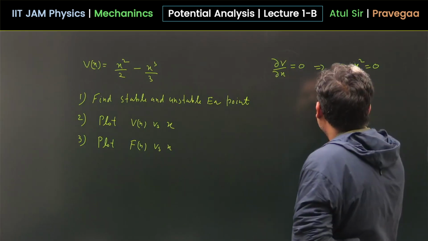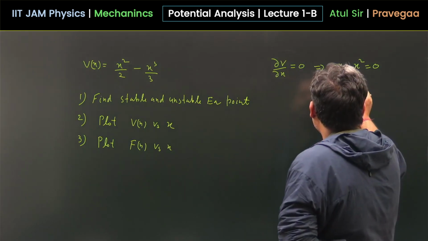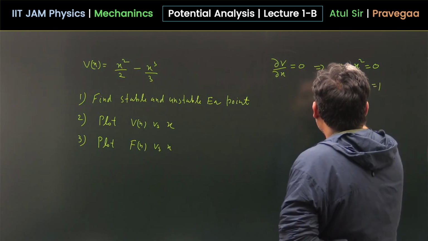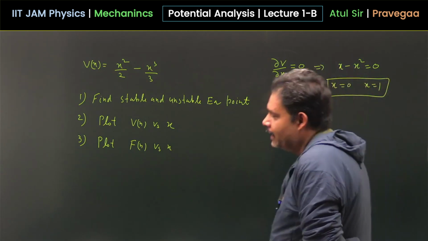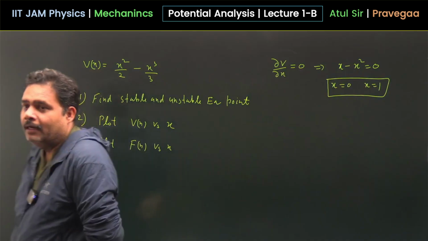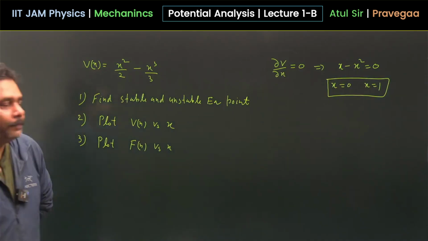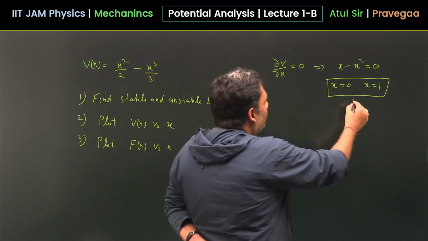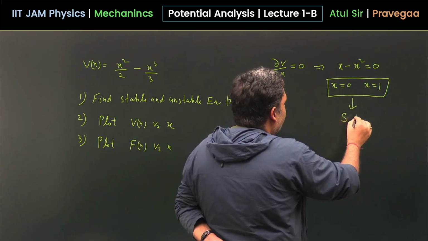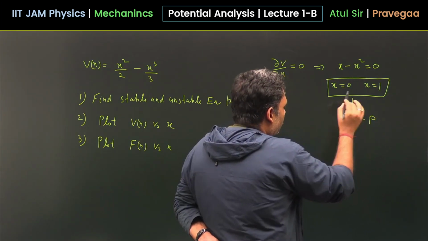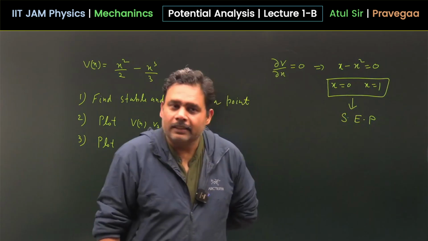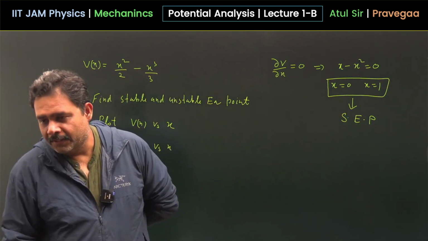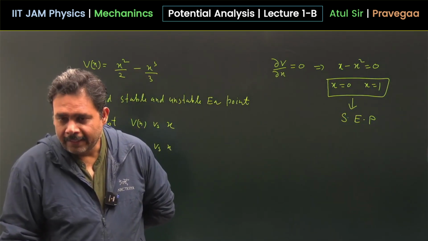And from there we can have x is equal to 0 and x is equal to 1. These 2 points are what? Stable equilibrium point. इसे आप क्या कहोगे? SEP. ठीक है?